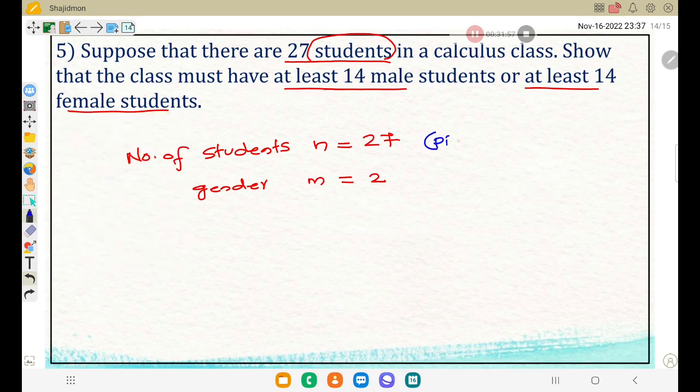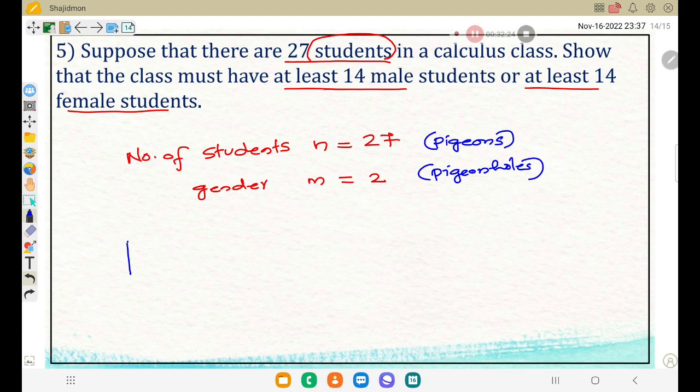So this is the number of pigeons, and this is the number of pigeonholes. How many pigeonholes? 2 pigeonholes. So 27 students, 2 pigeonholes, male or female, correct? Now we are checking one of these options, the male option or the female option. At least how many students will be in the male option or the female option. That is the idea here, okay?